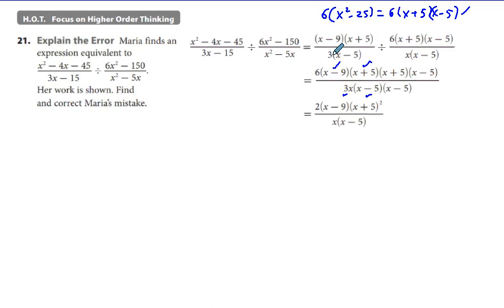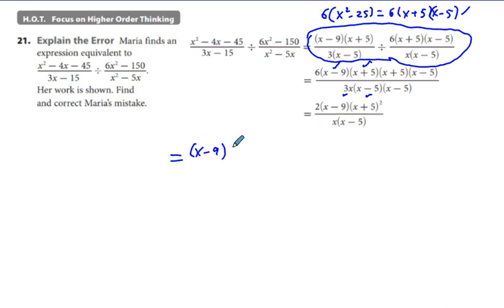So I'm going to go ahead and rewrite and take this part right here. It says find and correct Maria's mistake. So I'm going to correct it by taking this part right here and rewriting it as x minus 9, x plus 5 over 3 times x minus 5.